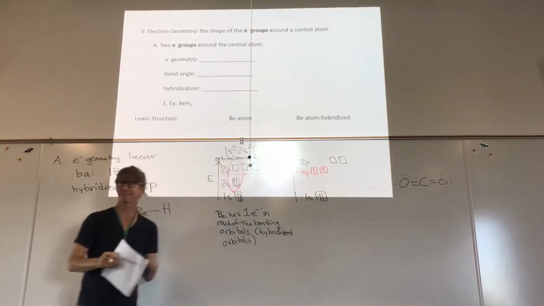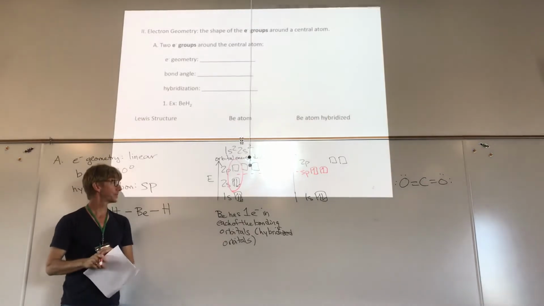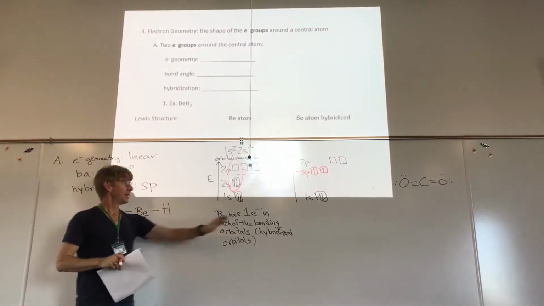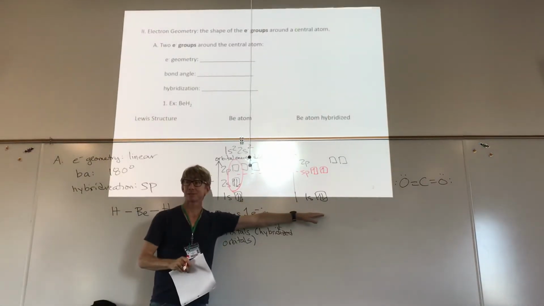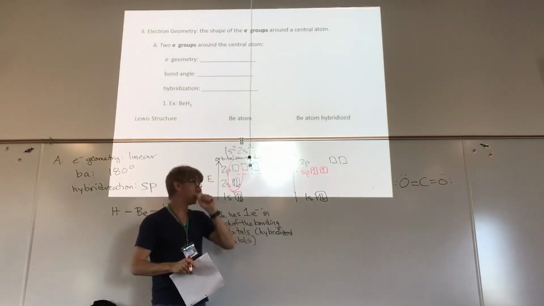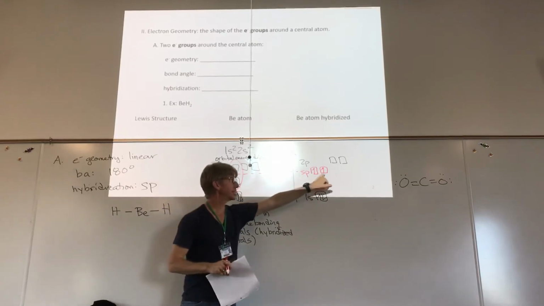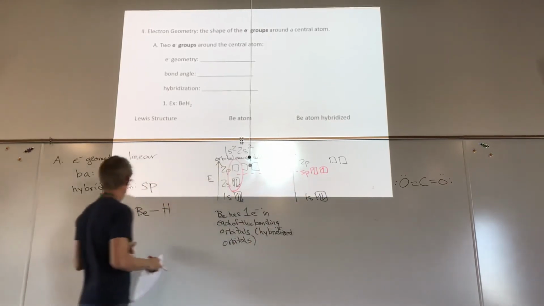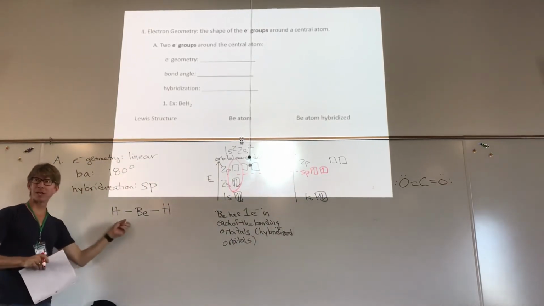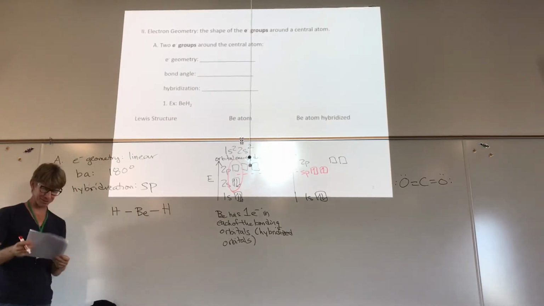Something like that. Any questions about this? Okay, so what we get so far is that each of these has 1 electron. Each hydrogen has 1 electron. Those are the electrons that are bonding.